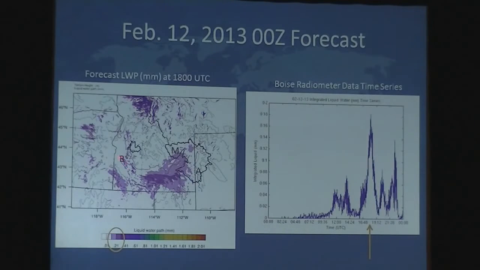And you can see that it's showing up right over Boise, and lo and behold, it's just below 0.2 millimeters. So at this one snapshot in time, we did a really good job. The model is saying that there's liquid water there, and the radiometer is confirming it. There are also radiometers at Mud Lake and Afton, so we have 3 radiometers in the full domain to do these kinds of analyses to help verify the model, as well as snow gauges and soundings to help do some more verification.